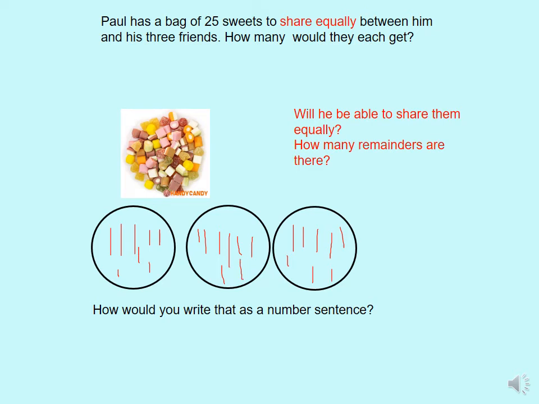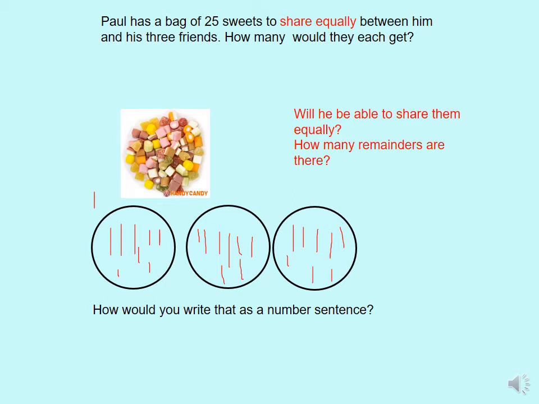Then if we go over to 25, it means we would put 1 more in this circle and this person would have more sweets. We need to share them equally, so in order for them to have the same number of sweets, we have to have 1 left over.